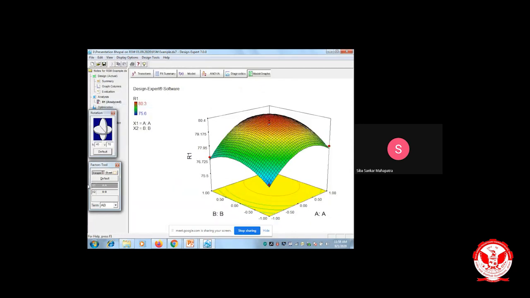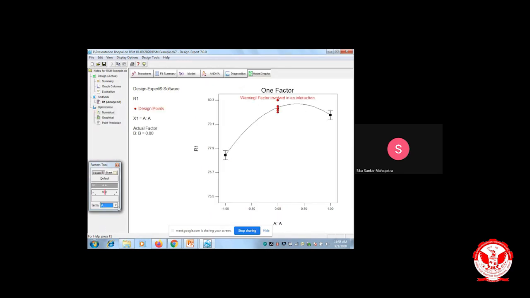This is for A and B, reaction time and the reaction temperature. Then for other variables also, you can see how it is changing. Okay.